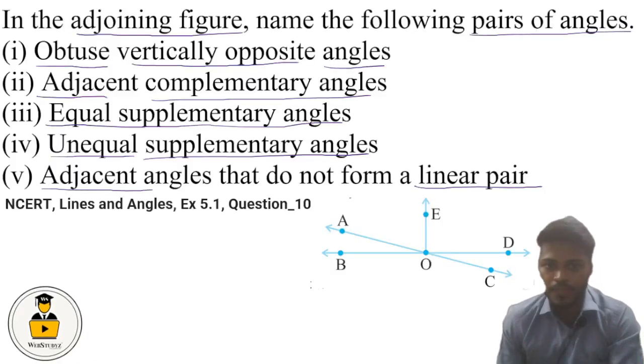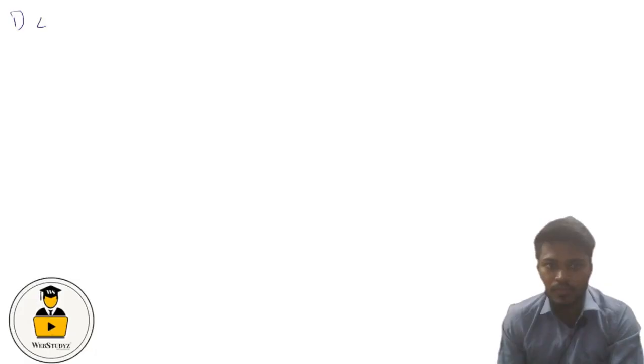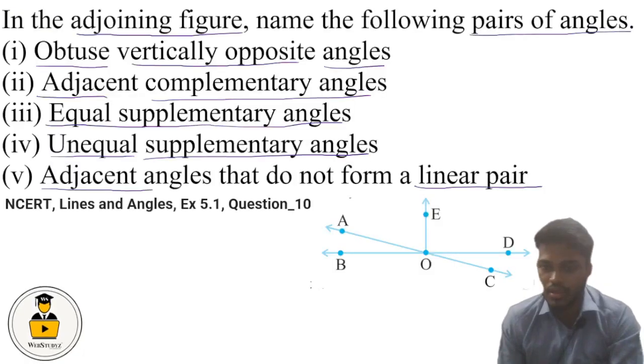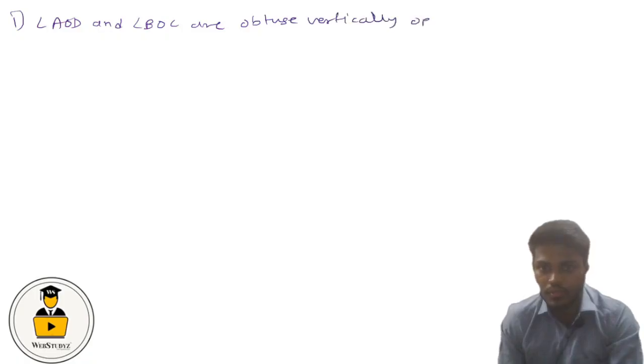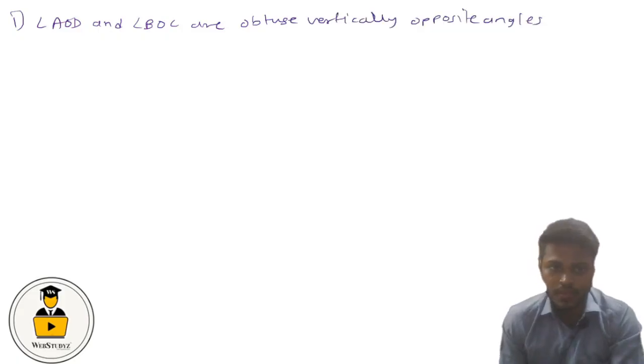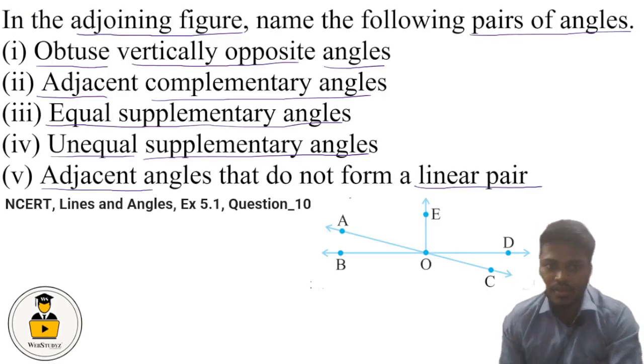So we can say that angle AOD and angle BOC, they are obtuse vertically opposite angles.